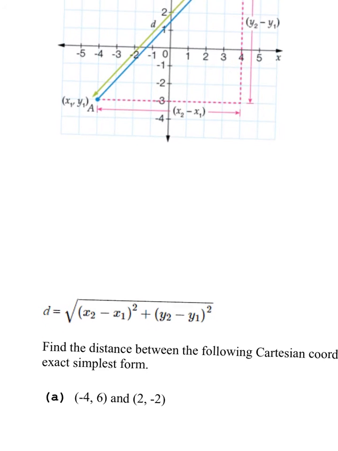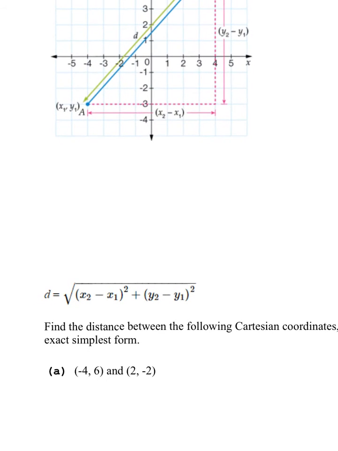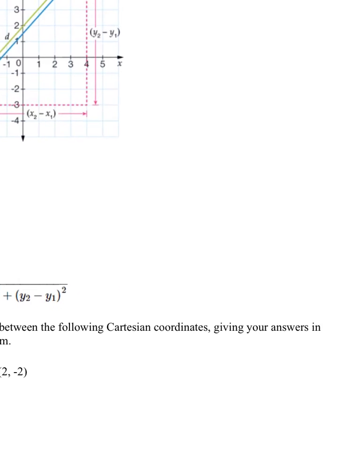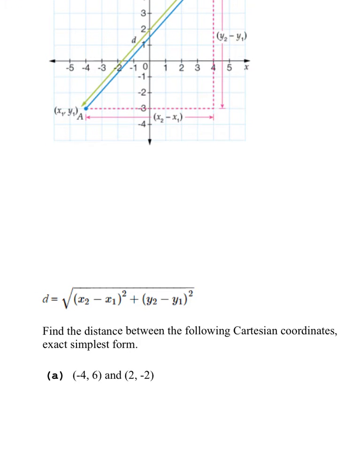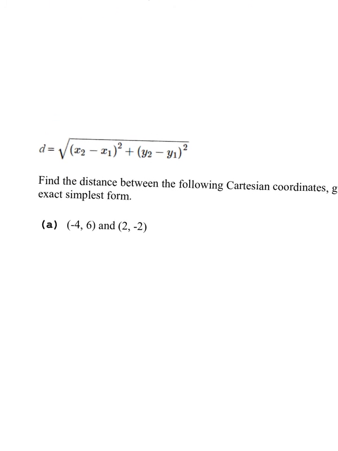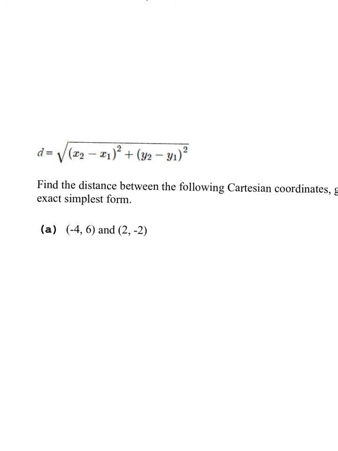The question will say, find the distance between the following Cartesian coordinates, giving your answers in exact simplest form. Let's move up so we can do this together. Always have your formula handy. So let's write it out: D is equal to.